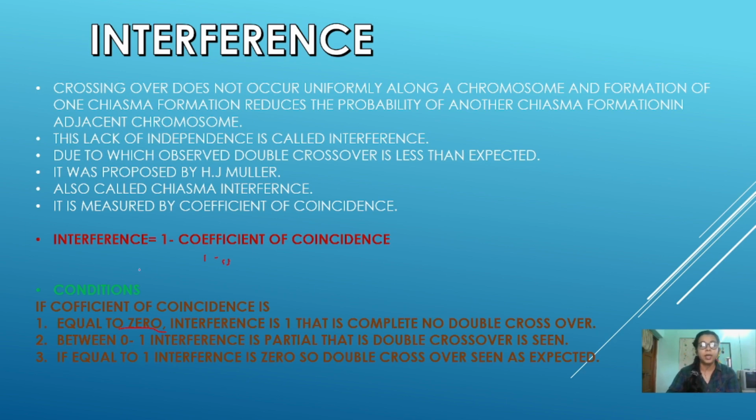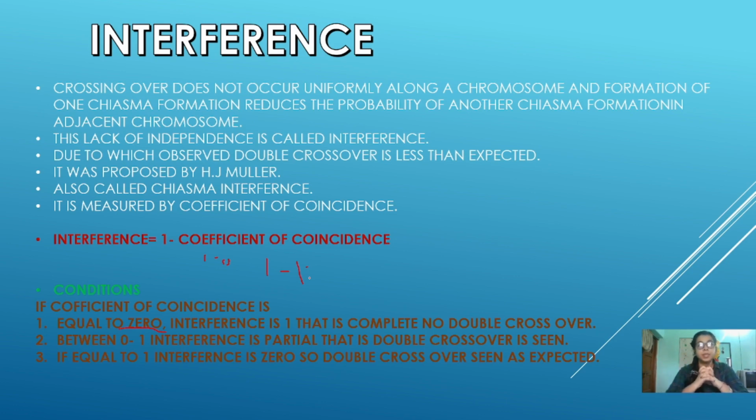Second, if the coefficient of coincidence value varies from 0 to 1, meaning a decimal value, then we will see interference and double crossover will be seen, but in lesser amount. Probability will be less. If the coefficient of coincidence is equal to 1, then 1 minus 1 is equal to 0. So interference 0 means there will be no interference in the double crossover.